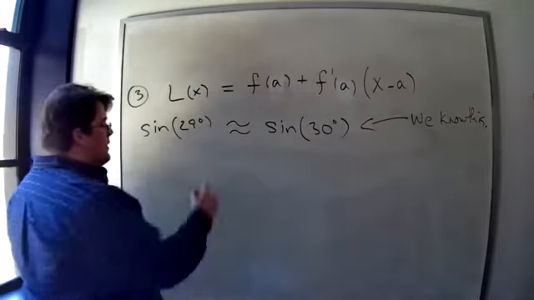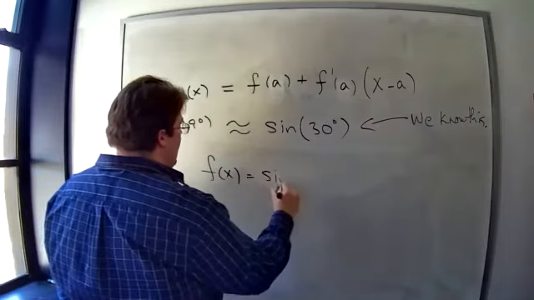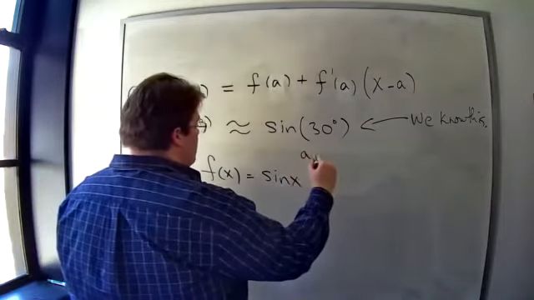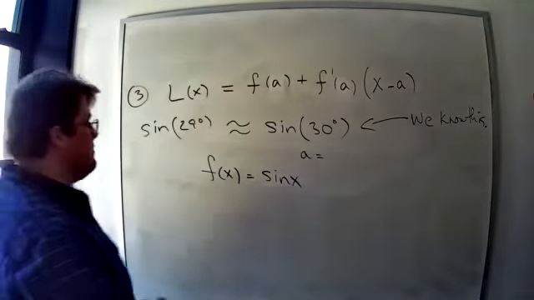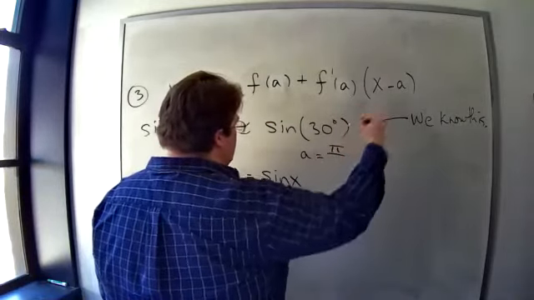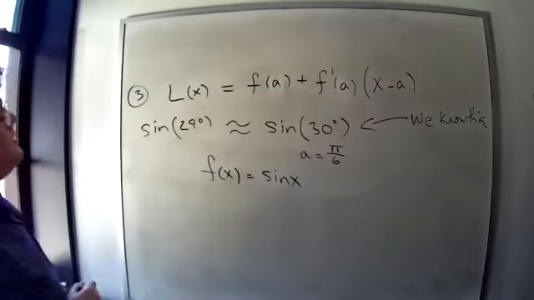So to set up our linear approximation, we're going to let f of x be sine of x near a equals, well, in getting it in the linear approximation form, we're going to need the radians because we want those units to match up.